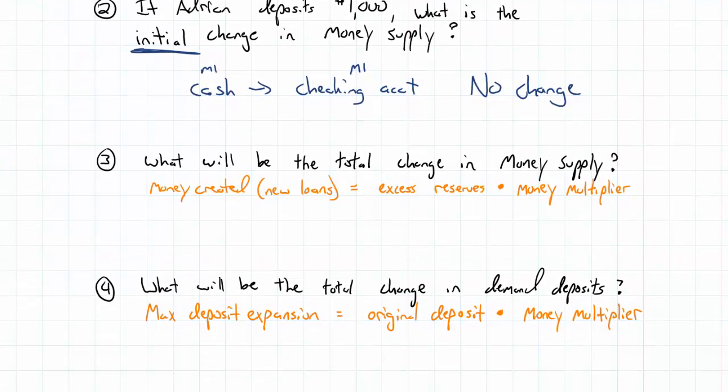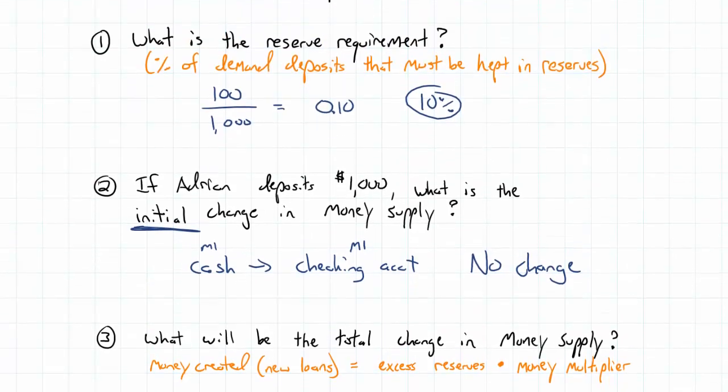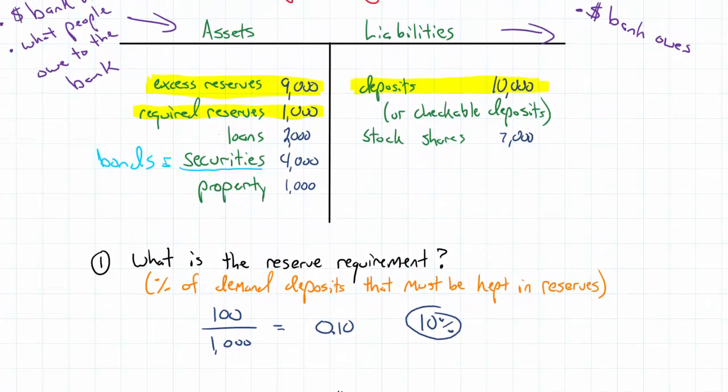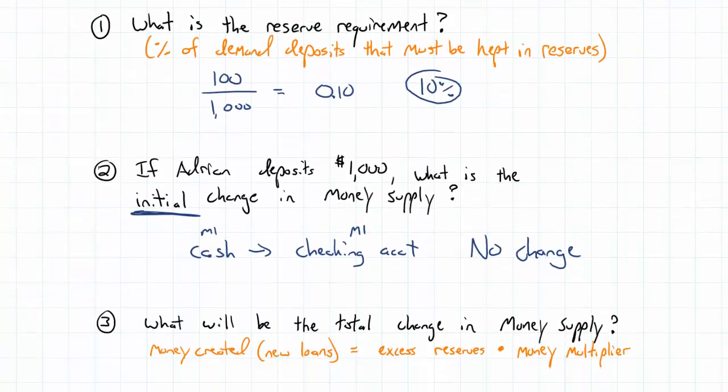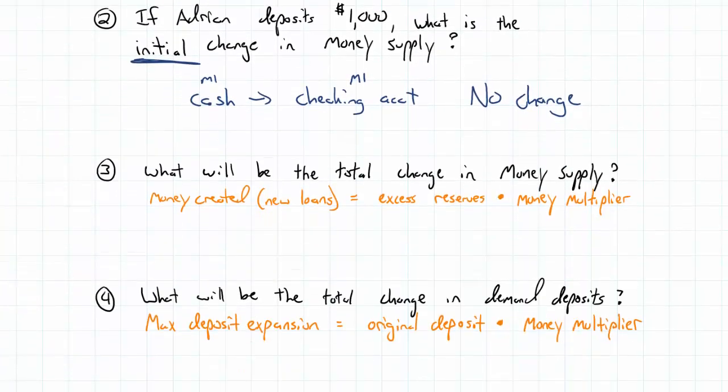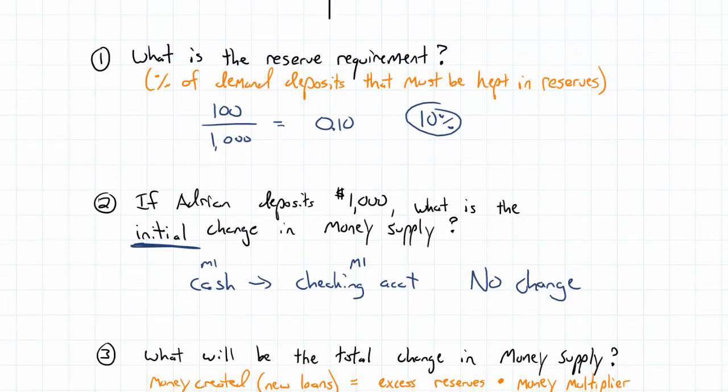So money created or any new loans or any change in the money supply will be the excess reserves times the money multiplier. If I go back up, I see that of my $10,000 deposit, $9,000 is in excess reserves. So I'm going to take $9,000 times my money multiplier, and I need to go back up here and look at this formula right here.